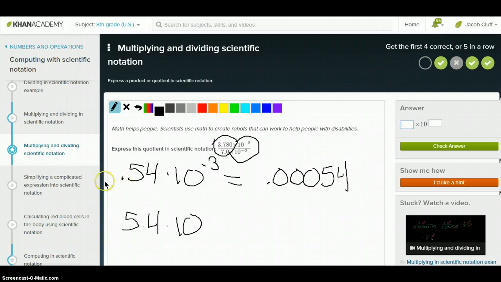So it's saying that this has moved over 3 additional places. Alright, so if we're going to make it 5.4, then it's going to essentially have to move over 1 more place. So it's going to be negative 4. So we have 1, 2, 3, 4. 5.4 times 10 to the negative 4.